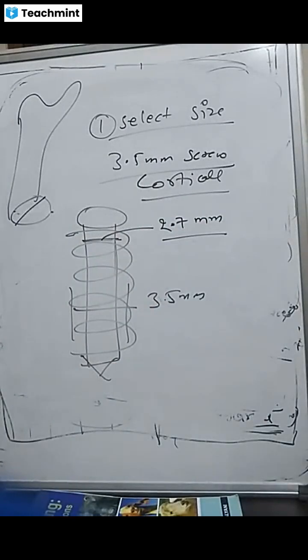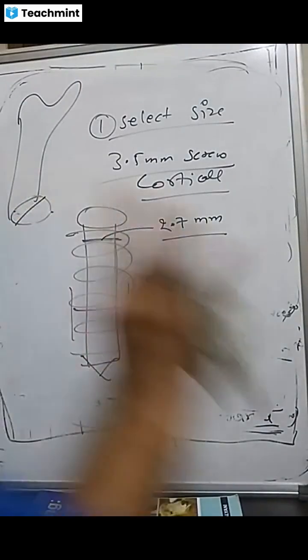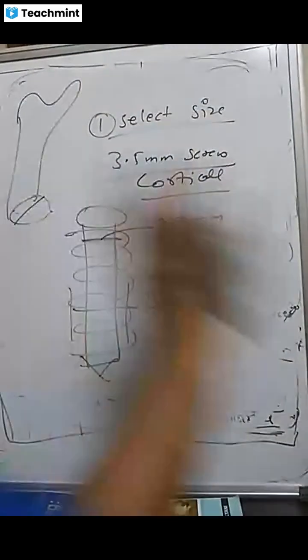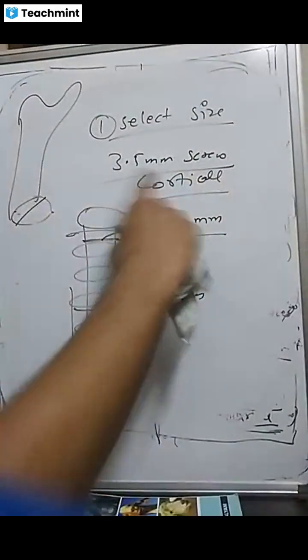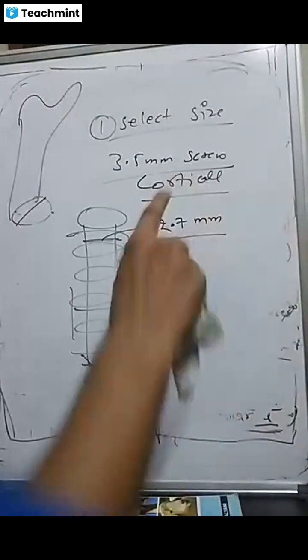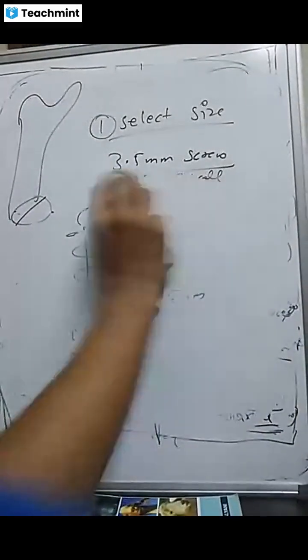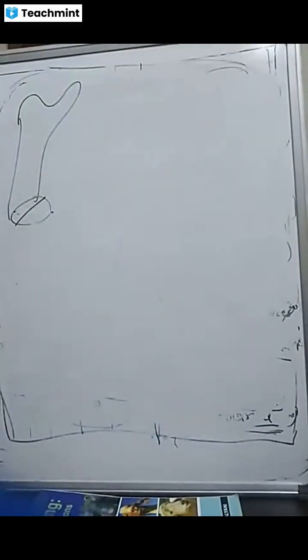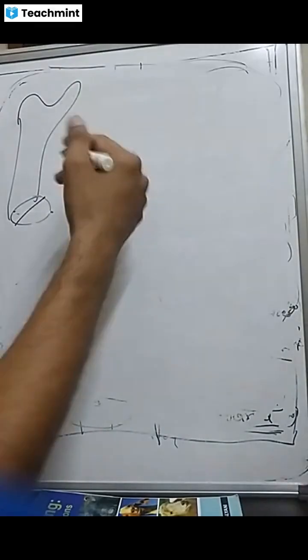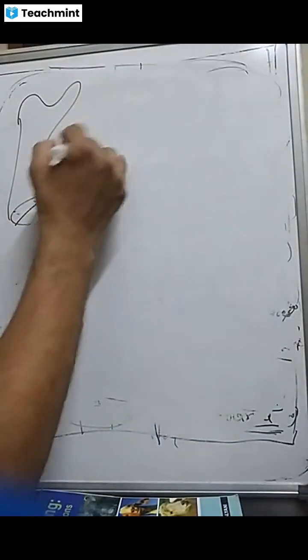So we know it is the condylar fracture, and we have selected this, a 3.5 mm cortical screw, and you want to apply it.